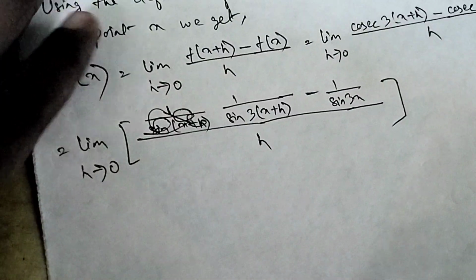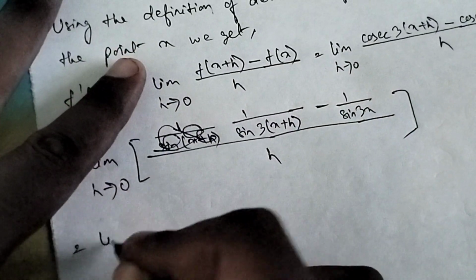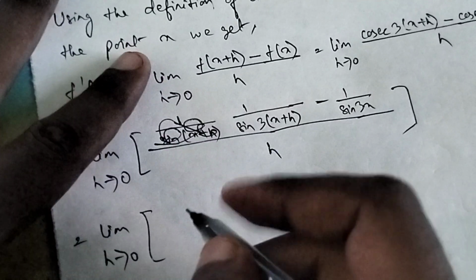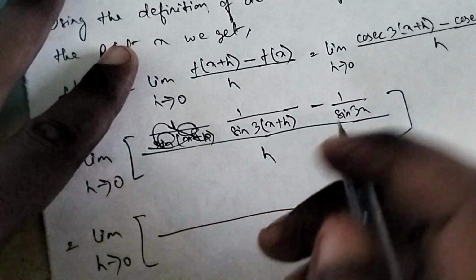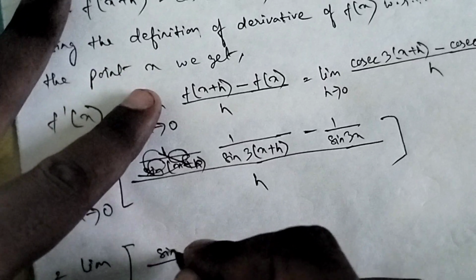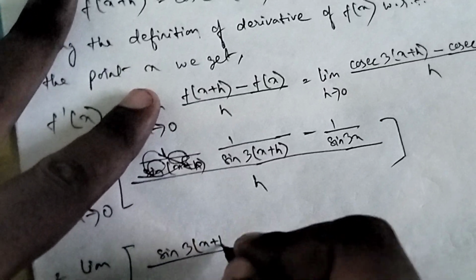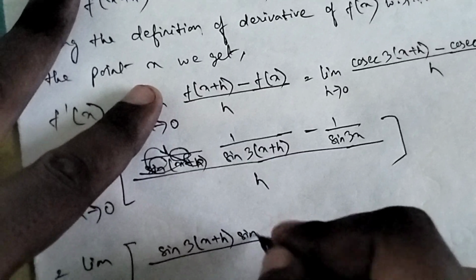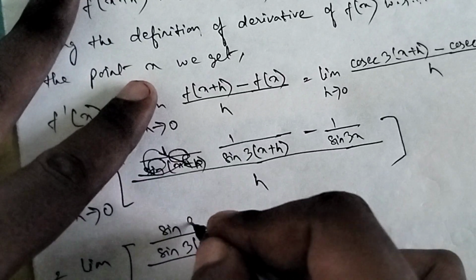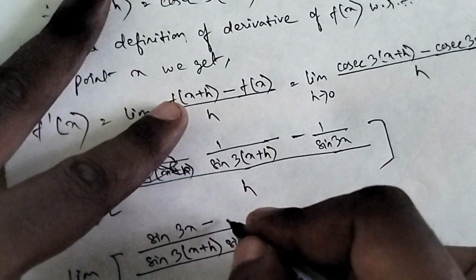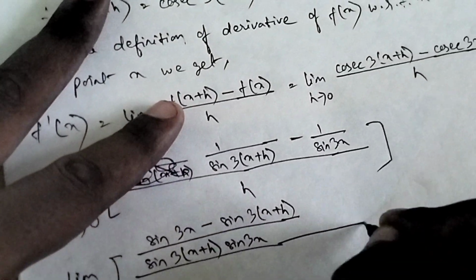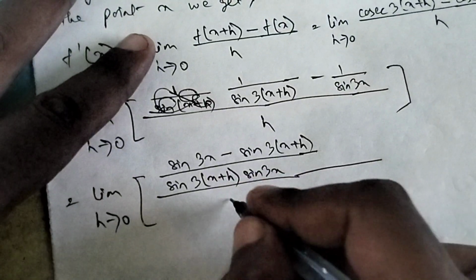So this will be limit h tends to 0. LCM will be sine 3 into (x plus h) into sine 3x, and the numerator is sine 3x minus sine 3 into (x plus h), by h.